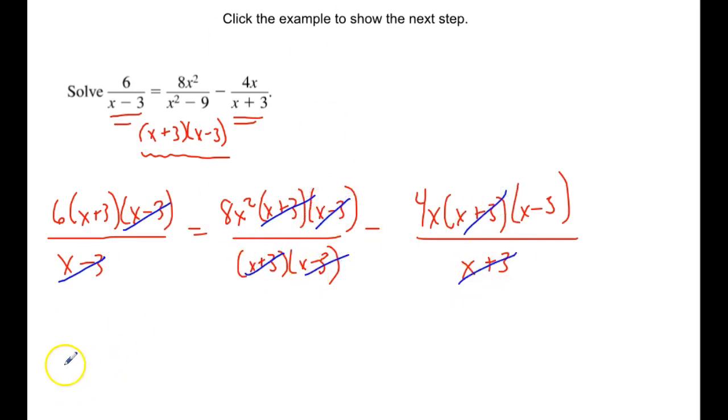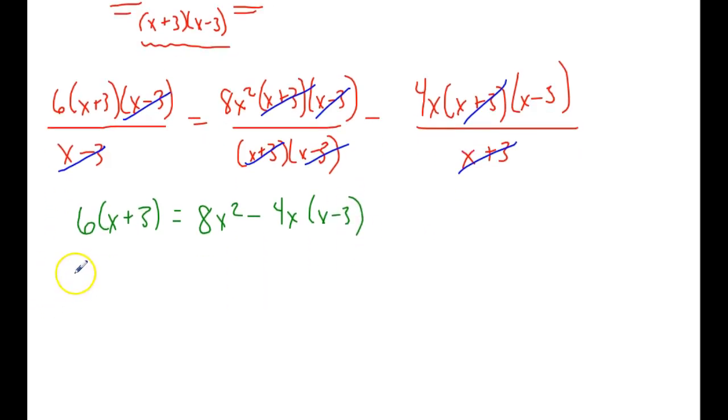So now that we're here, let's go ahead and simplify. So I end up with 6 times the quantity x plus 3 equals 8x squared minus 4x times the quantity x minus 3. So now that I'm here, I can go ahead and distribute. So I end up with 6x plus 18 equals 8x squared minus 4x squared plus 12x.